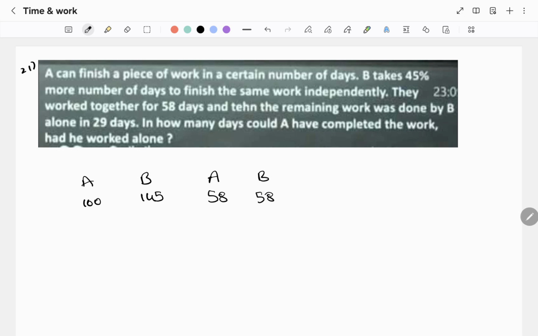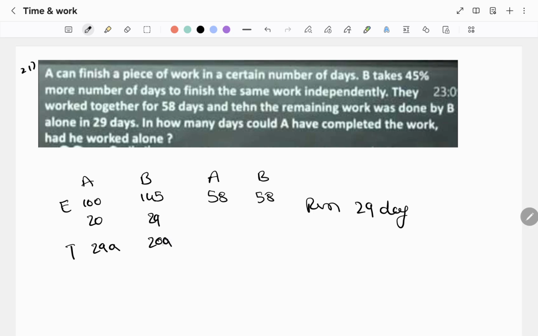Then the remaining work was done by B in 29 days. So suppose the efficiency is 20 and 29, then the time ratio will be 29 and 20.